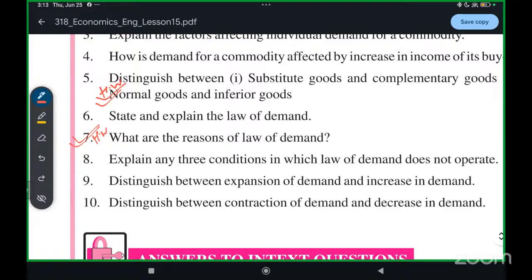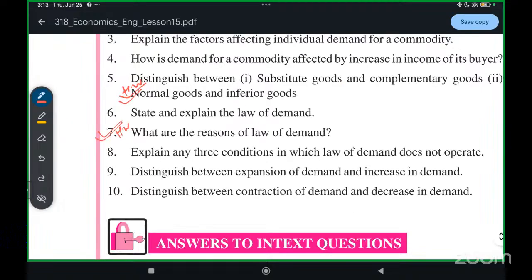Eighth question: explain any three conditions in which the law of demand is not applied.